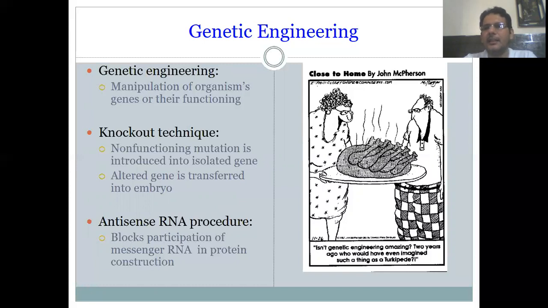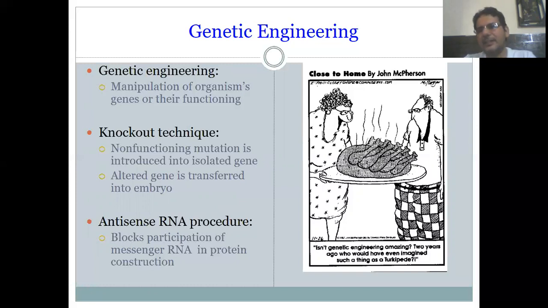For example, there was a very interesting study in which they ablated one of the genes, and then they showed a very different behavior, and they had a lot of attraction towards alcohol in flies. So these are very interesting studies in which they do the knockout techniques. And then there are antisense RNA procedures.